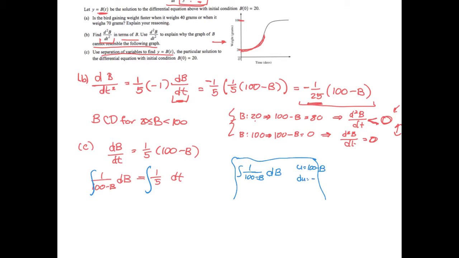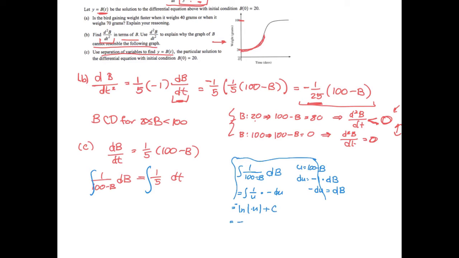du is negative 1 times db, right? So that means that we'll substitute, instead of our db, a negative du. So this is the integral of 1/u times negative du. In other words, negative ln absolute value of u plus c.